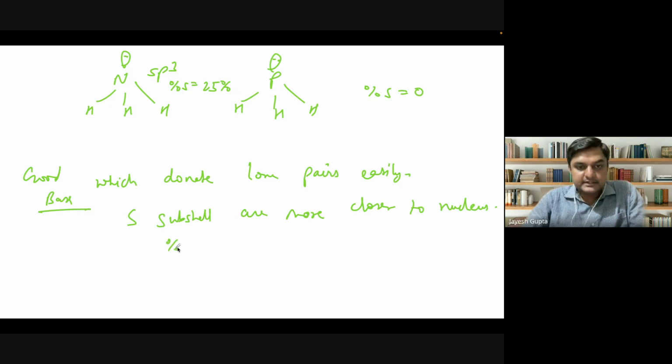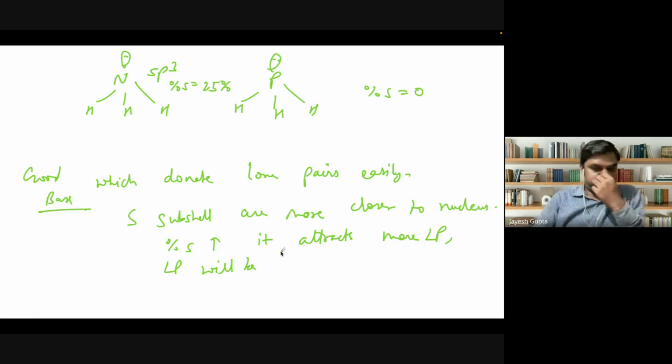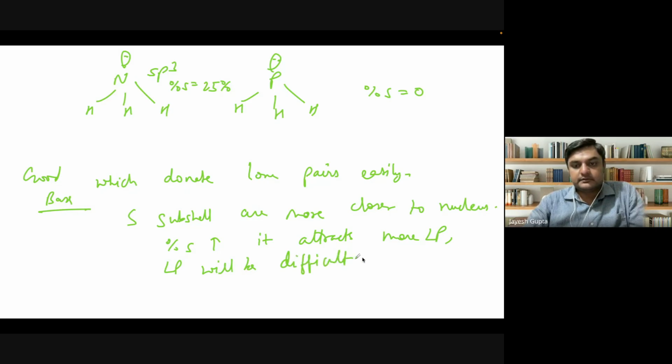If percentage s increases, it attracts more lone pair towards itself. Lone pair will be difficult to donate.